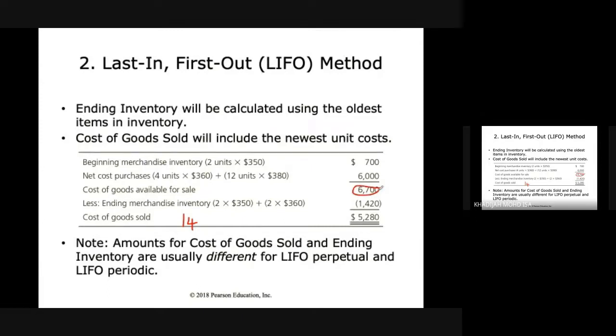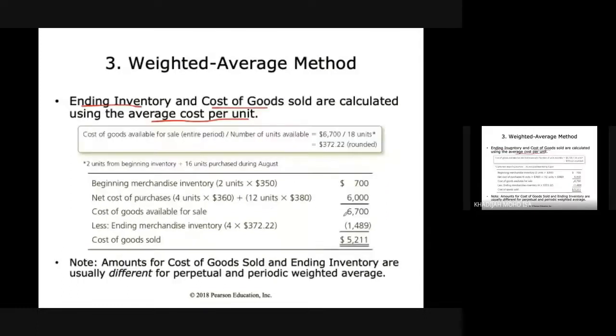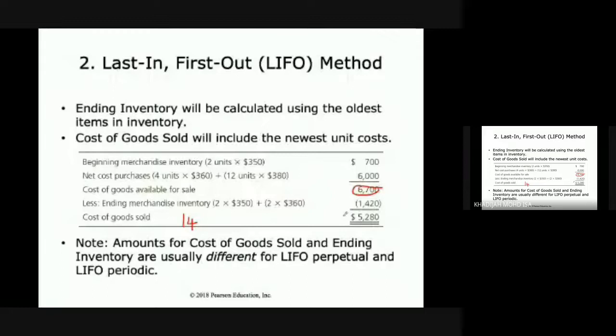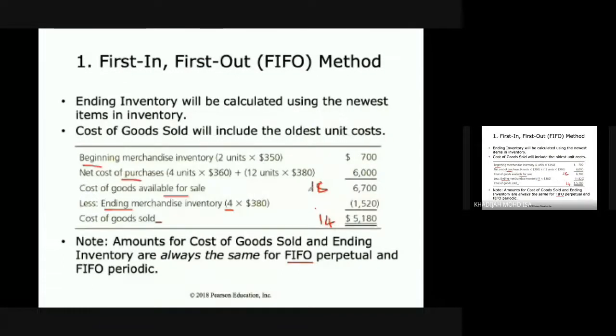It is 6,700. How do you get that? It's the same whether you use FIFO or LIFO. Your cost of goods available for sale is the same because it's based on your opening balance and your purchases.